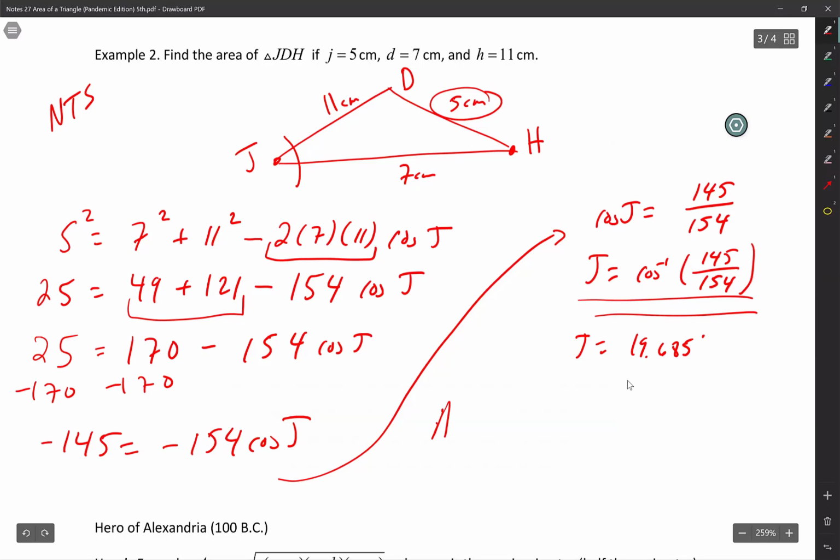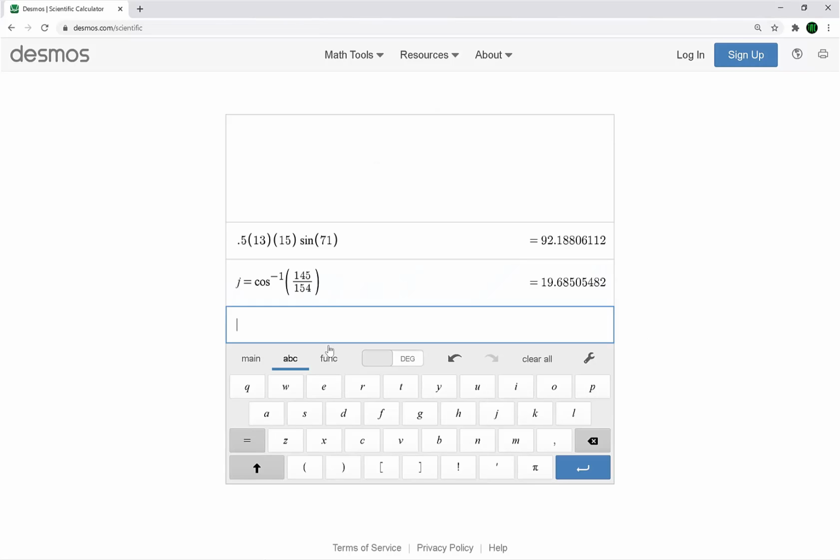All right, area. Area is 1/2 times 7 times 11 sine of J. I'm going to use the exact value in the calculator. I don't want to approximate, guys, because something magical is going to happen. So check this out. Well, right now it's not exciting. It's the next one that's going to be super exciting.